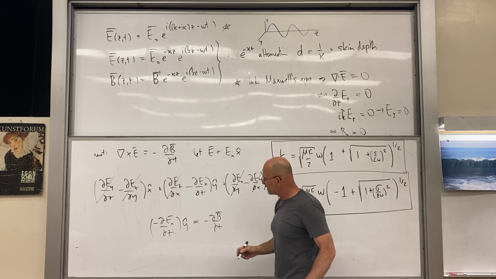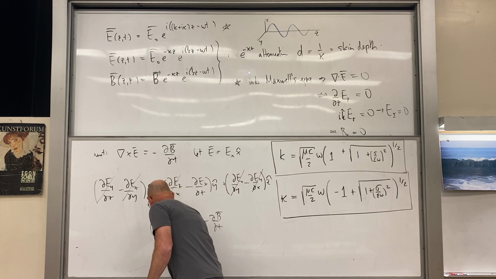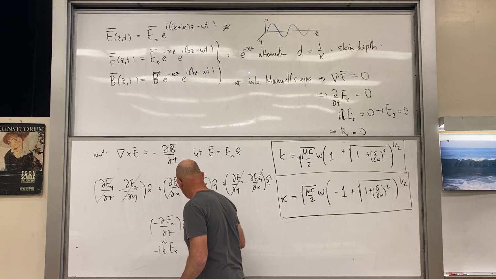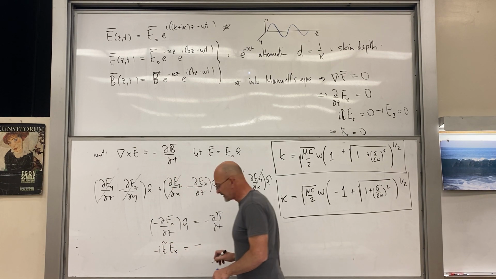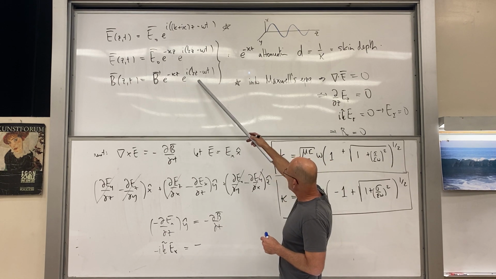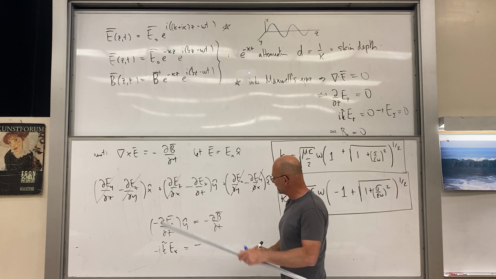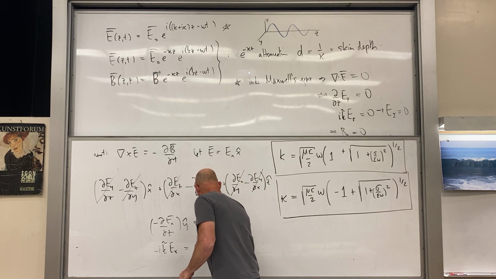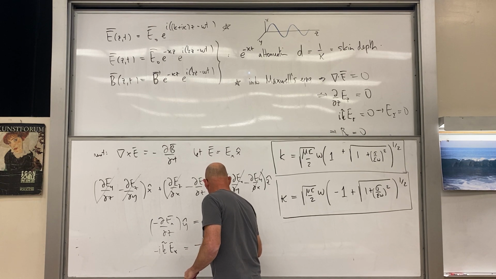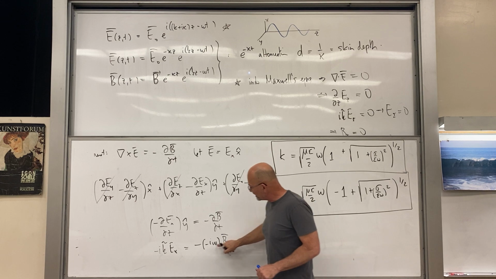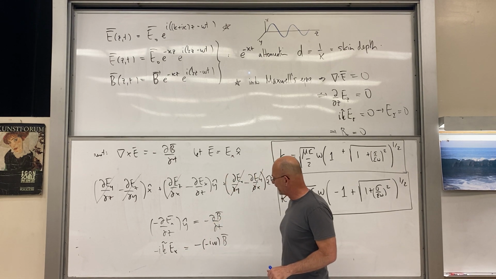So we have minus i k tilde E_x equals minus, and for the B, of course, we're just bringing down a minus i omega, negative i omega B. And that gives us the relation between B and E. Okay.